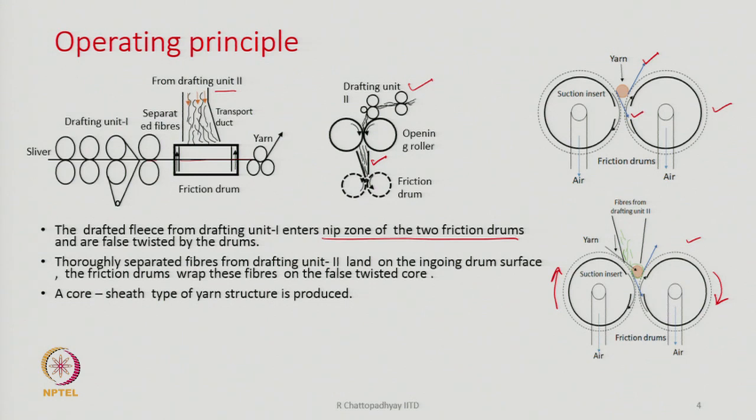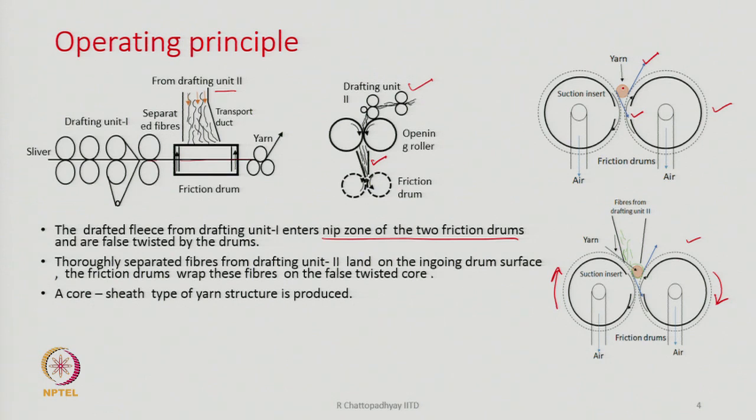So, both surfaces of the friction drum will act on the group of fibers pressed against the drum surface, and because of the friction, the frictional force will generate torque, and as a result this bundle of fibers will be twisted.